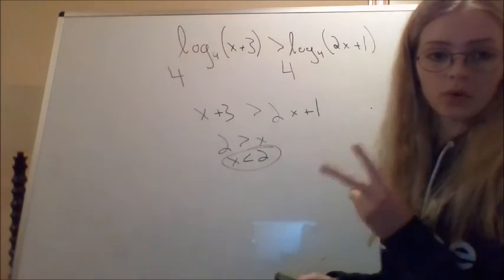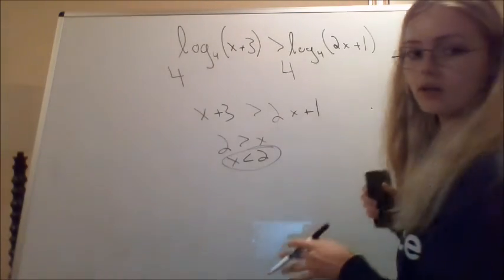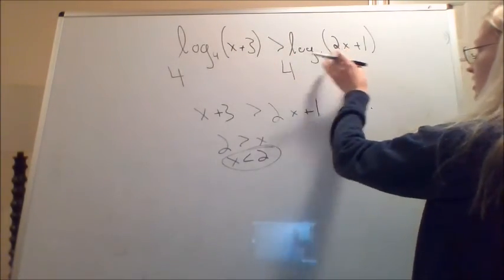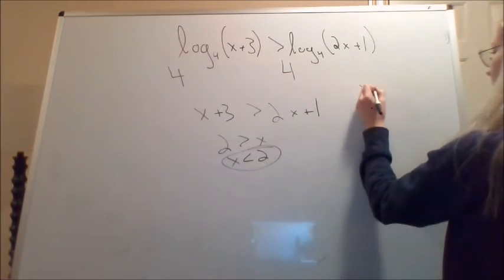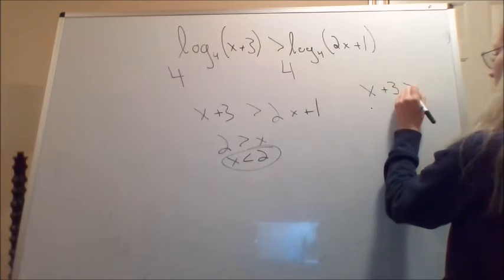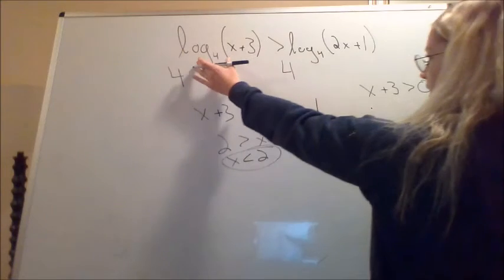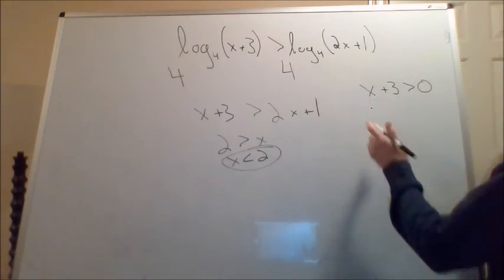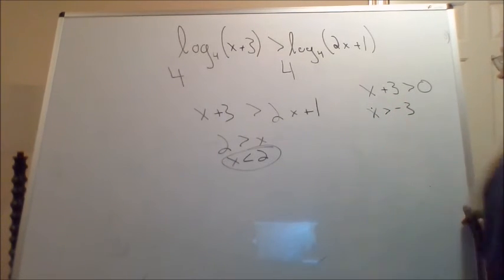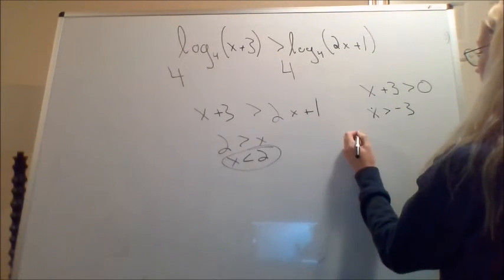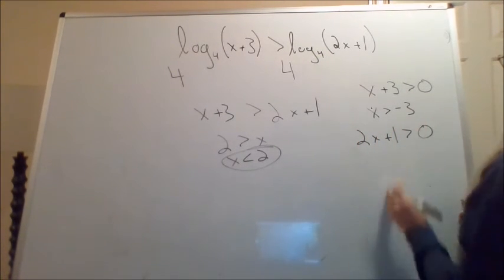But we also have 2 more constraints to consider. And these constraints are very clear if we look at what we have in the parentheses of both of these logs. So we know that x plus 3 must be greater than 0, because if it's less than or equal to 0, then this logarithm here is undefined. So x is greater than negative 3. Also, we know that 2x plus 1 is greater than 0 as well.